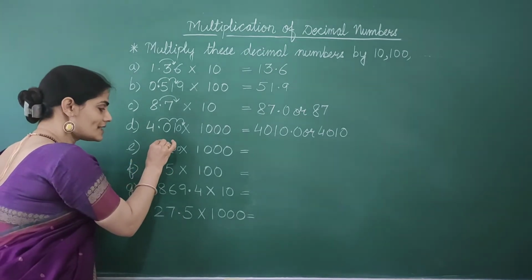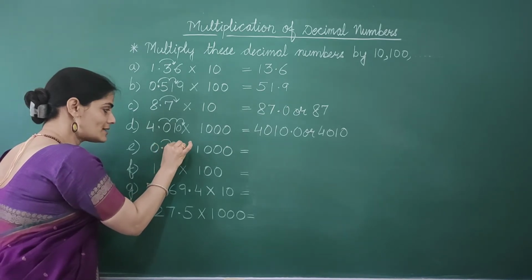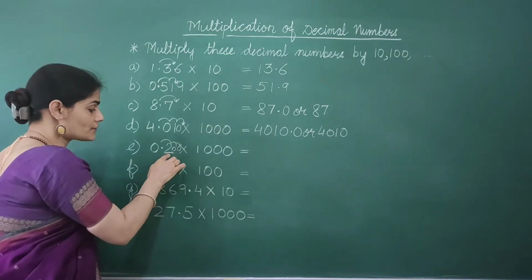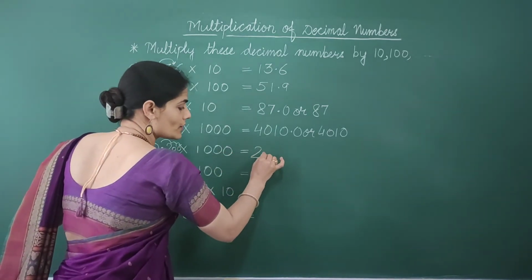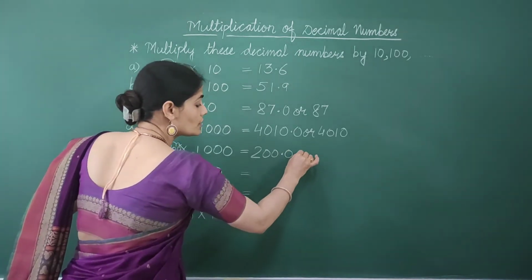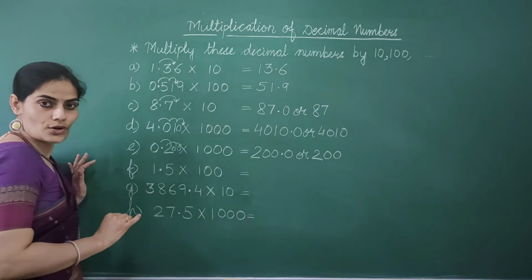So let's shift the decimal by 3 places. 1, 2 and 3. So where am I going to put the decimal? After 200. So I write here 200.0 or simply 200. The choice is yours.